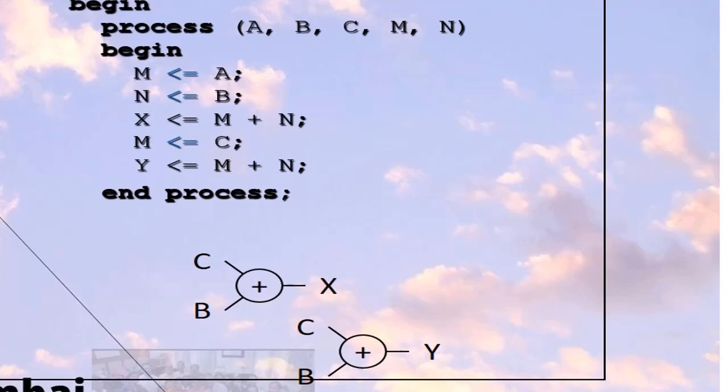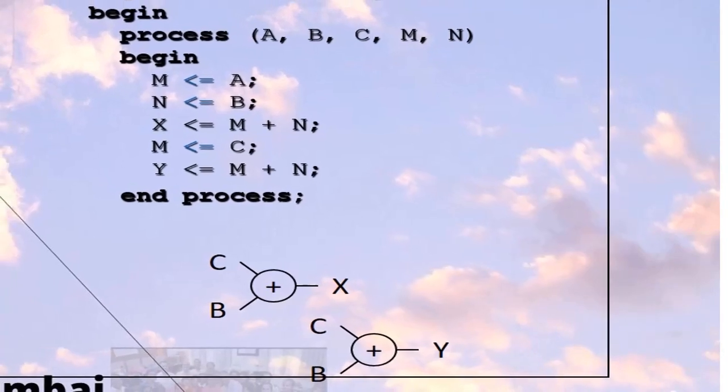Only the assignment symbol has changed: as those were variables, the assignment symbol was like this, and here M and N are signals, hence the assignment symbol is this. We assign them the values A and B, but at last M is given the value C, so the latest value will prevail. So if you say X equal to M plus N and Y equal to M plus N, it will not show A plus B and C plus B, but C plus B for both, because the latest value of M is used, even though it was assigned after this.